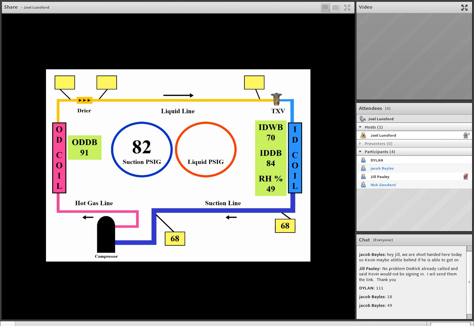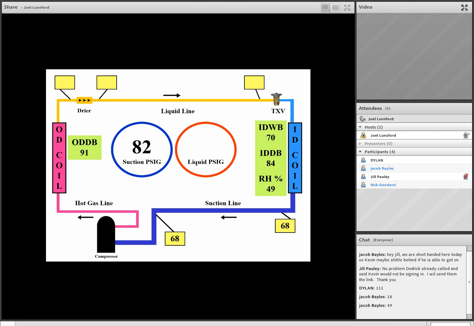It's about 19 or 20, indicating that the indoor coil has a condition of being slightly starved because the superheat number is high. So remember, team, if the superheat is high, for whatever reason, that indoor coil is getting starved of refrigerant. So in our example, we have elevated superheat, and the indoor coil is starting to be starved. Any questions or comments on that?